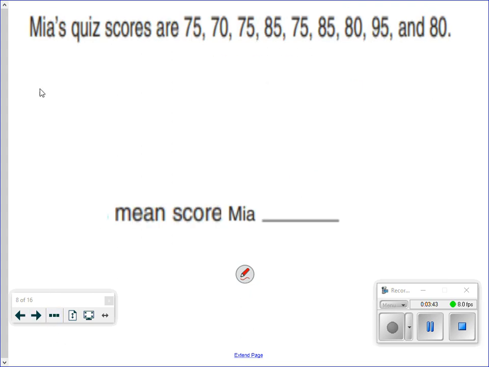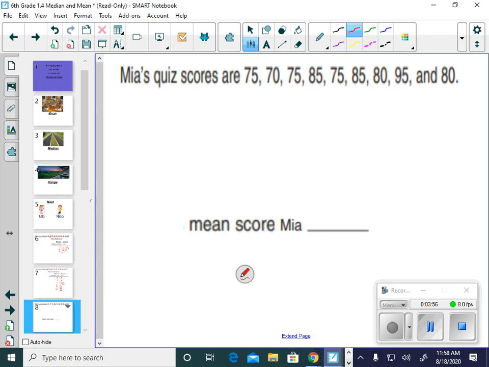Let's keep moving along here. So we find the mean score. This is how you do this. It's kind of mean because it's kind of a lot of work. We're going to add all these numbers up. On the calculator here, I'll let you use a calculator today.